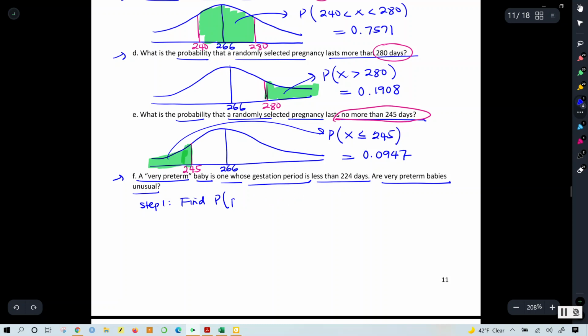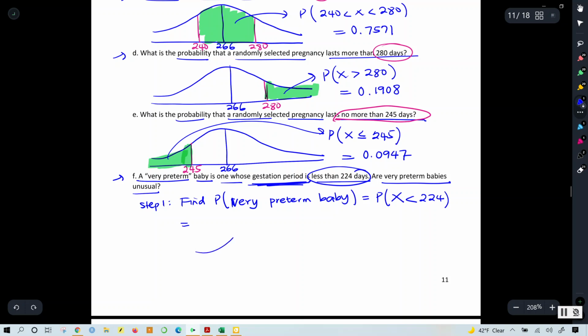That will be the probability that the gestation period is less than 224 days.